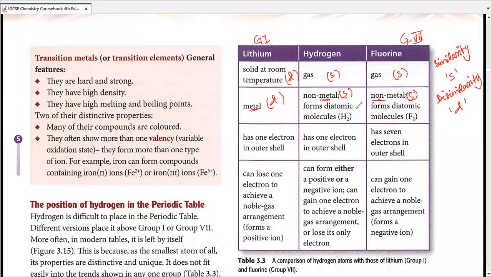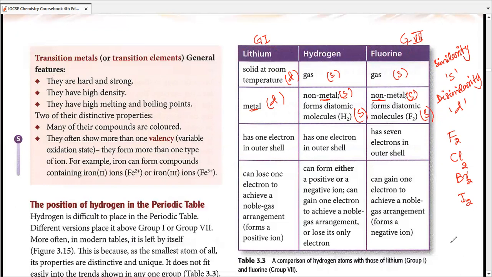Now, hydrogen can form diatomic molecules, which is a pretty similar behavior to halogens, since all halogens form diatomic molecules. I hope you remember that all the halogens form molecules that consist of two atoms, hence the 2 beneath iodine in all these cases.